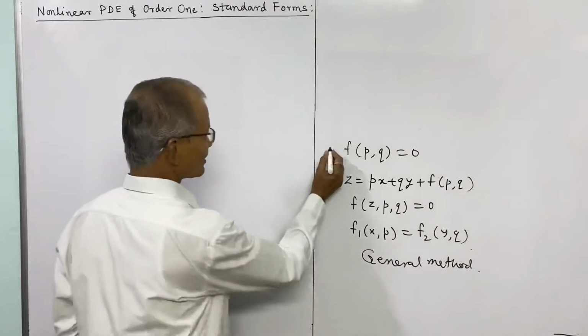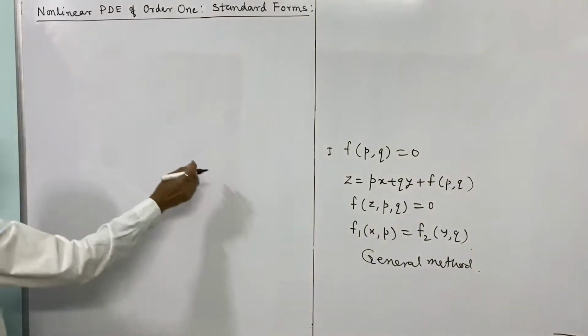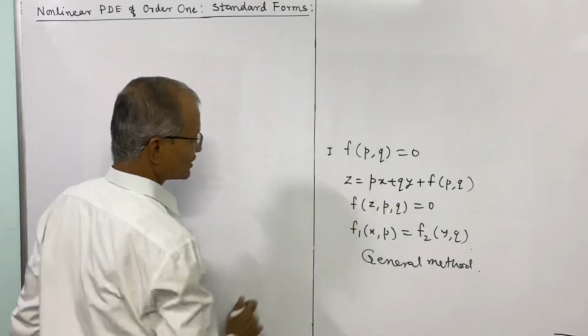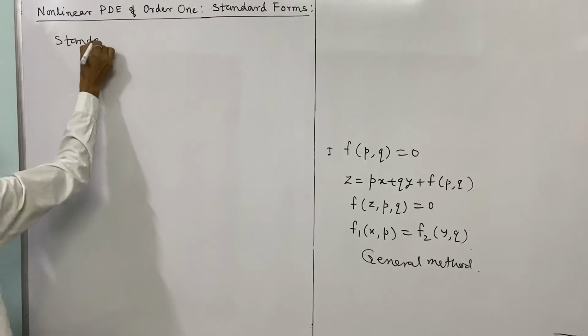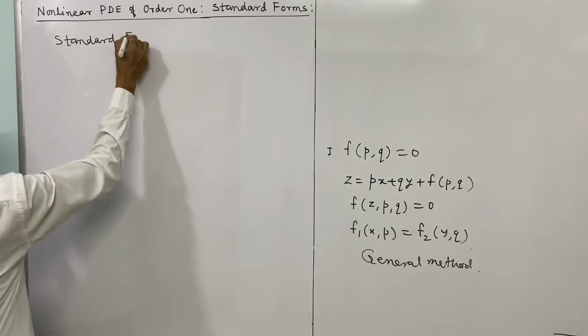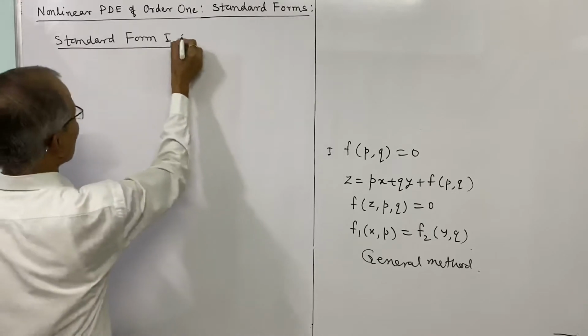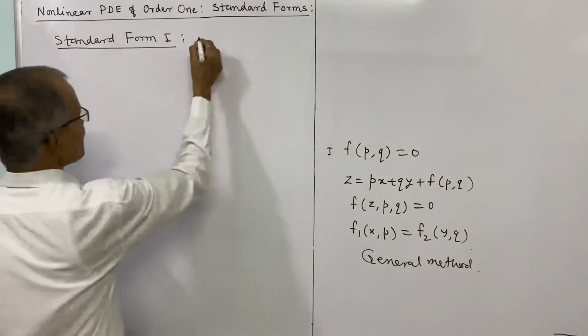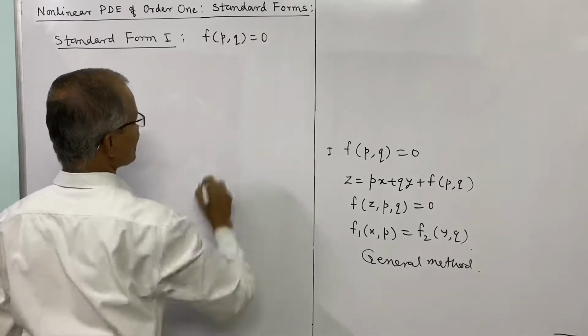So this is standard form 1 we will consider. Standard form first is function of p and q is equal to 0.